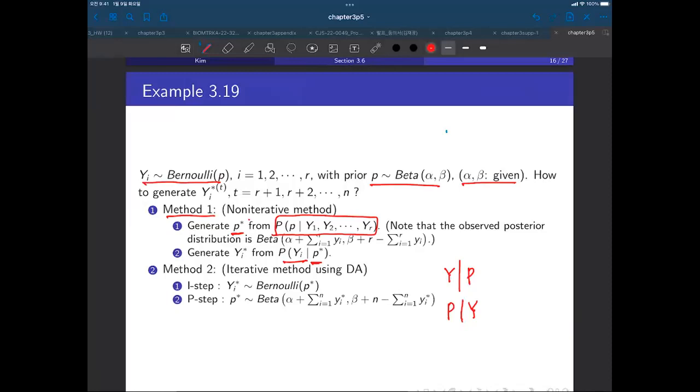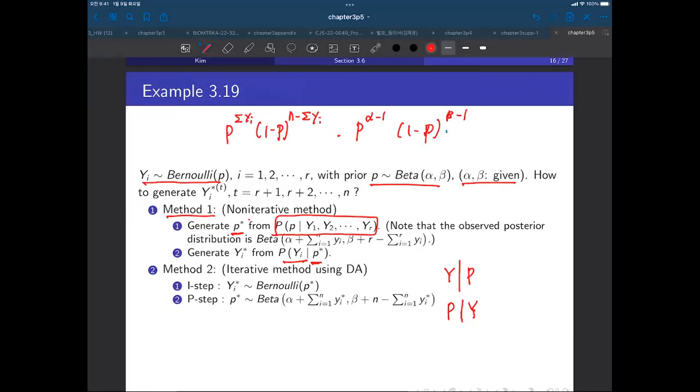The likelihood is P to the summation Yi, times 1 minus P to the N minus summation Yi. This is the likelihood part. And then the prior is P to the alpha minus 1, times 1 minus P to the beta minus 1.